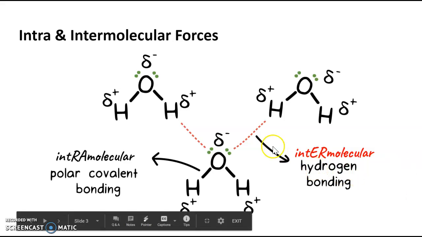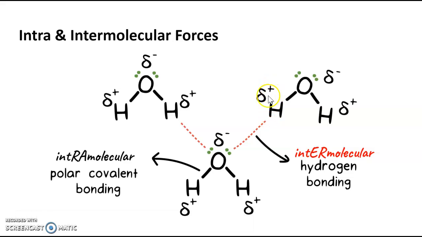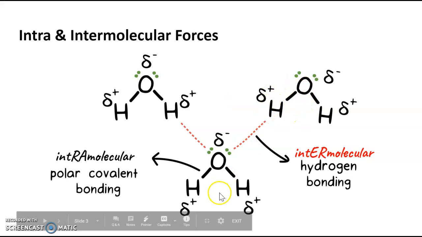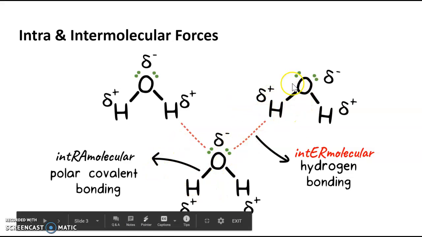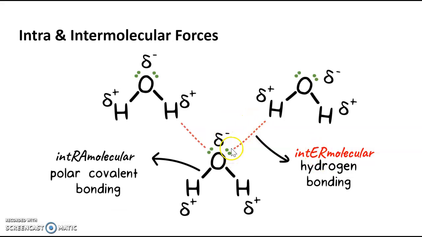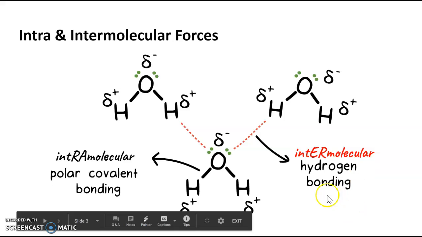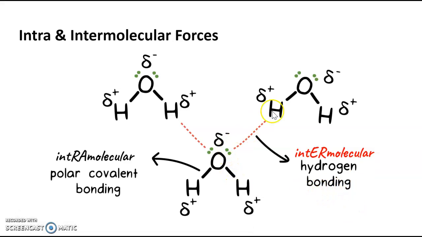So the hydrogen bonding is just really these positive and negative ends of the molecule acting like little magnets. And so hydrogen bonding is special because there's such a big difference in electronegativity that this is a very polar bond.